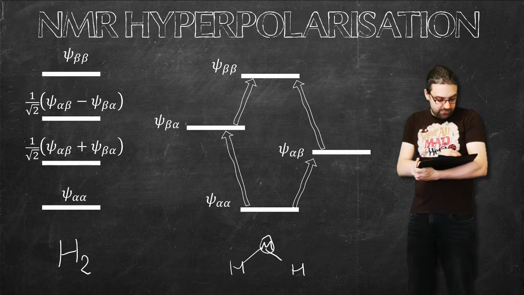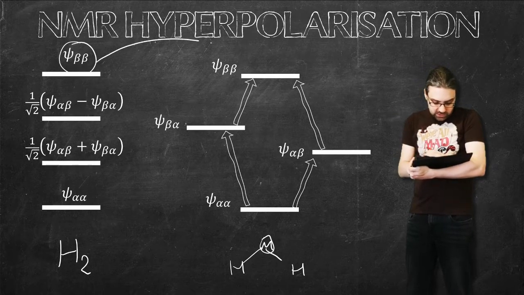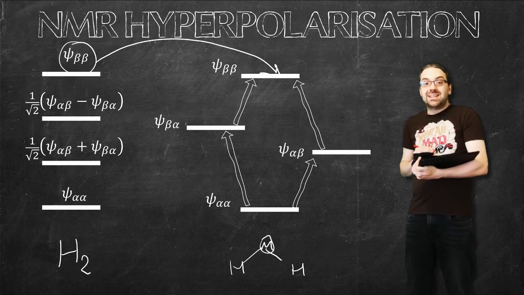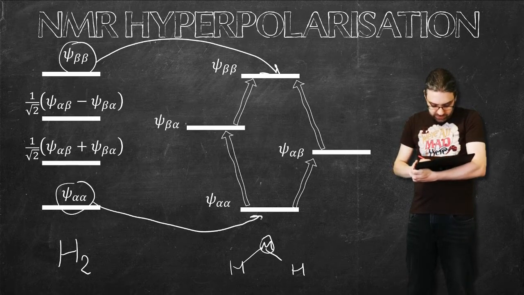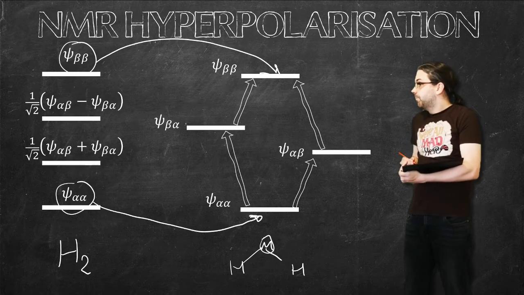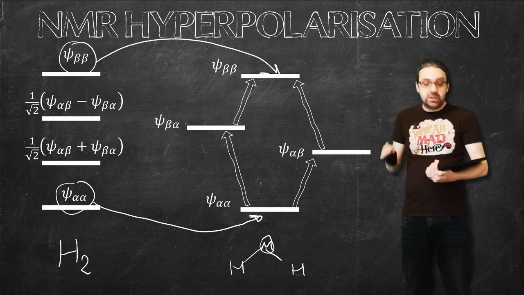So here we have beta beta. That is populated in hydrogen. That is going to populate that energy level there. Alpha alpha is going to populate that energy level there. Now the superpositions. Remember, we're talking about resolving superpositions.